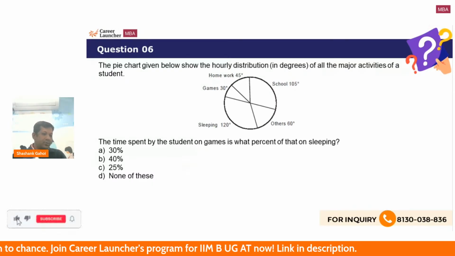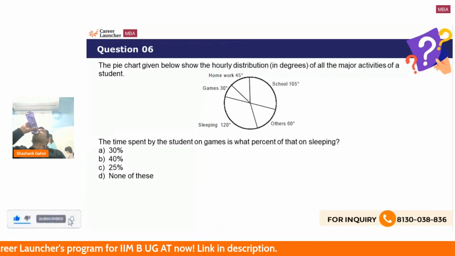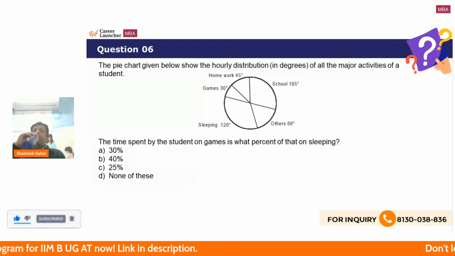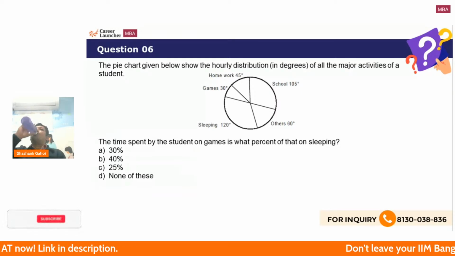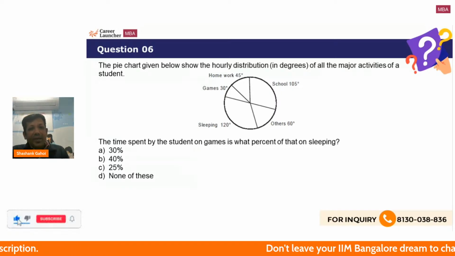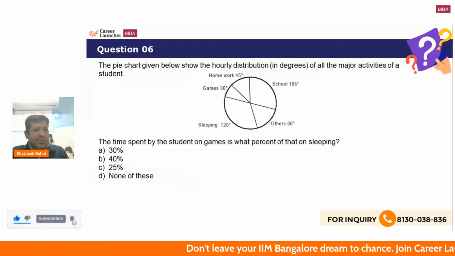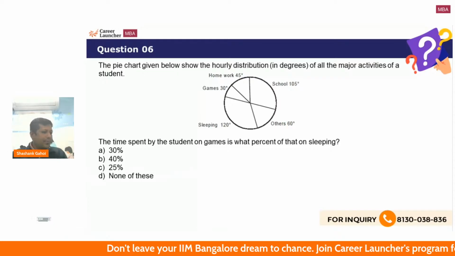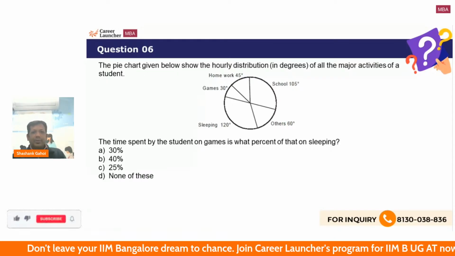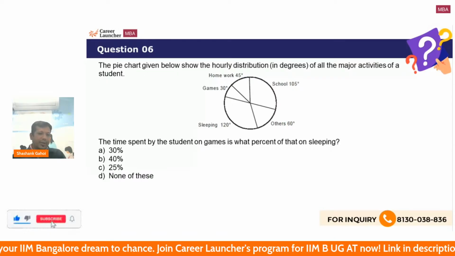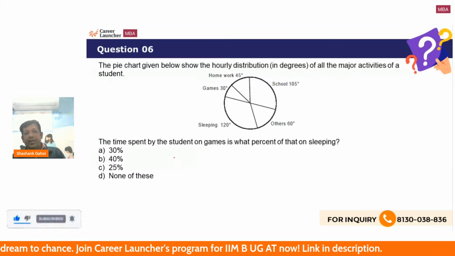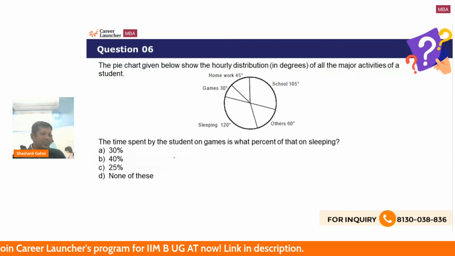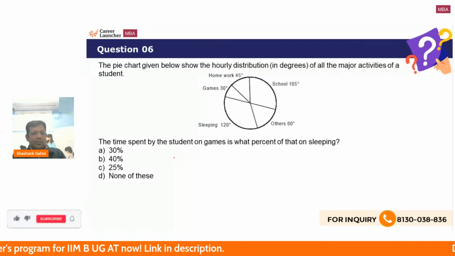Now, do I actually need the values in percentage? If you read the question, you are going to realize you don't need the actual value, you don't need the values in percentage, you can still get the answer.